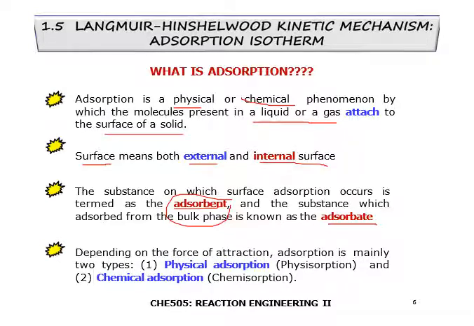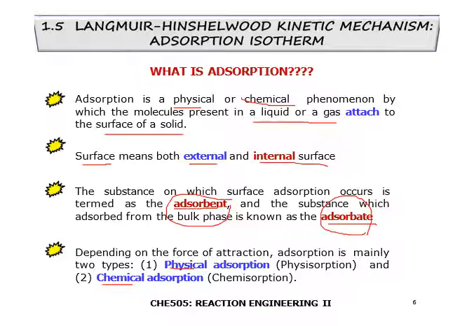So adsorbate in this case adalah molekul yang present dalam liquid and also gas. Just now, which is kita kata reactant, which is in liquid or gas. Okay. Then adsorption terbagi kepada dua, which is it can be physical adsorption or chemical adsorption.